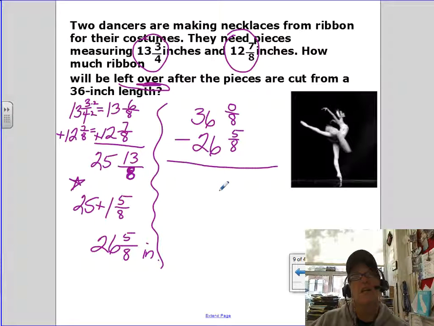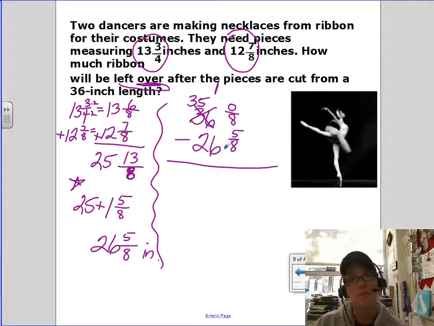All right, now, whenever you're subtracting mixed numbers, you do the fractions first. 0 minus 5, can't do it. You can't do it. You have to borrow. So we're going to borrow one from 36, which will make this 35. And the one that you're borrowing, I'm writing it up here, it doesn't become 10 because I need to turn this into a fraction in eighths. 1 is the same as 8/8.